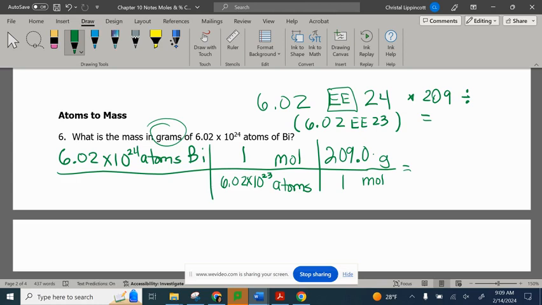What did you end up with? Did you get 2,090? Do I want to put a decimal here? No. No, because that would give me how many sig figs? 4. And I only need 3. And with this 0 being there, I just have 3 if I don't put a decimal.